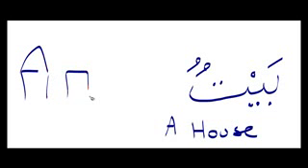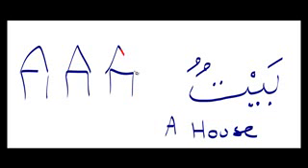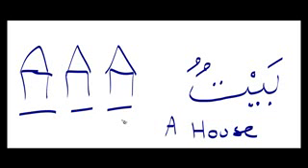So if there's a line of houses, and I say let's go to a house, it could be any one of these. It could be this one, or this one. Why? Because I've used a common noun without the alif lam.